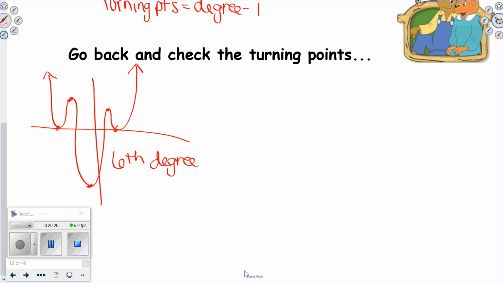Looking at this graph I just drew, even if you didn't count turning points, could you have told me that it was going to be an even exponent? Technically, it's a smiley face, right? It's a weird smiley face. But look at my ends. They're both up. You would have recognized it was even. Is this positive or negative?